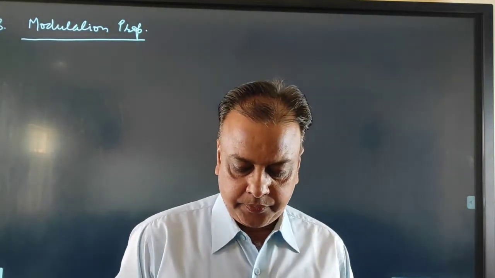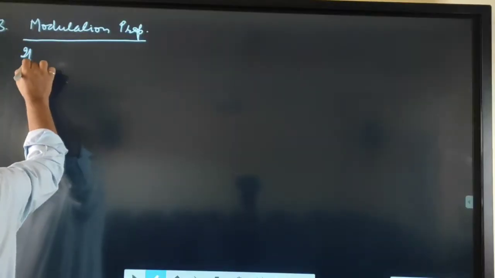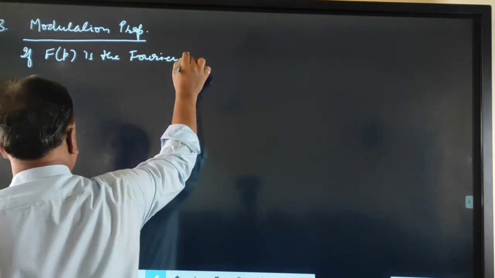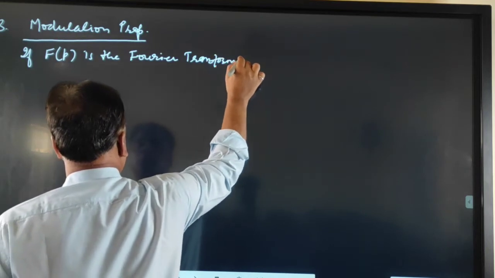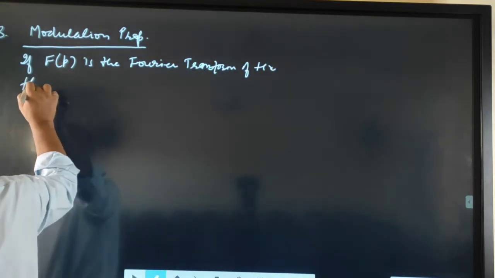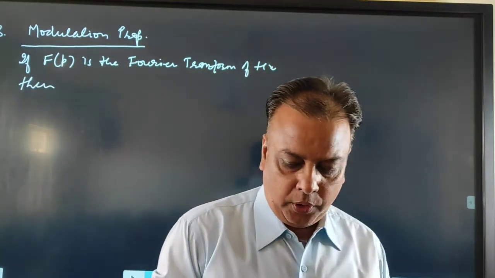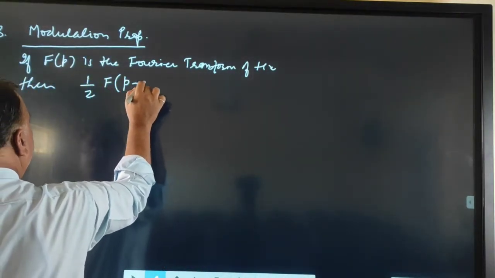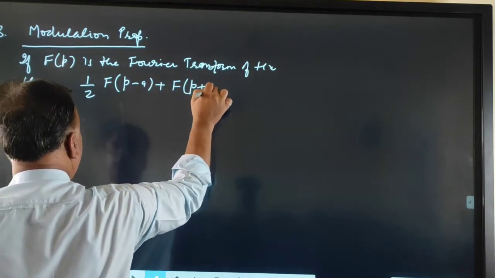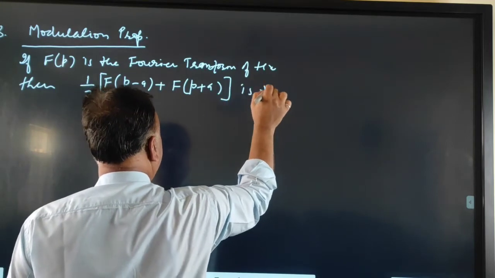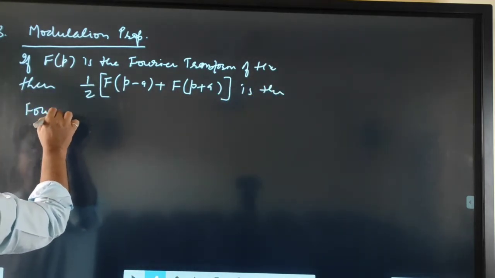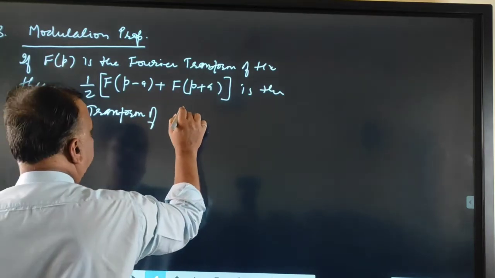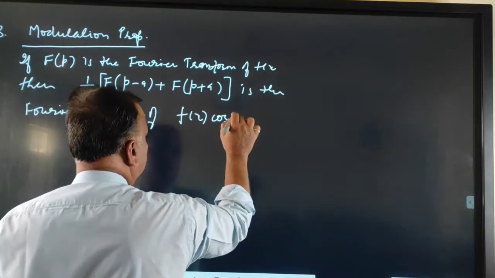The modulation property is that if F(p) is the Fourier transformation of f(x), then 1 by 2 times F(p minus a) plus F(p plus a) is the Fourier transform of f(x) cos ax.